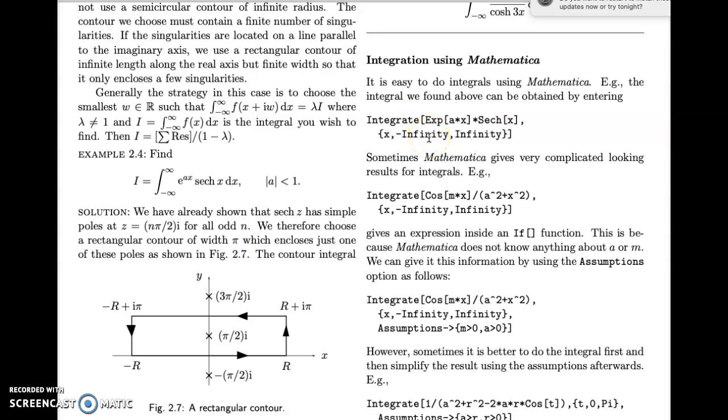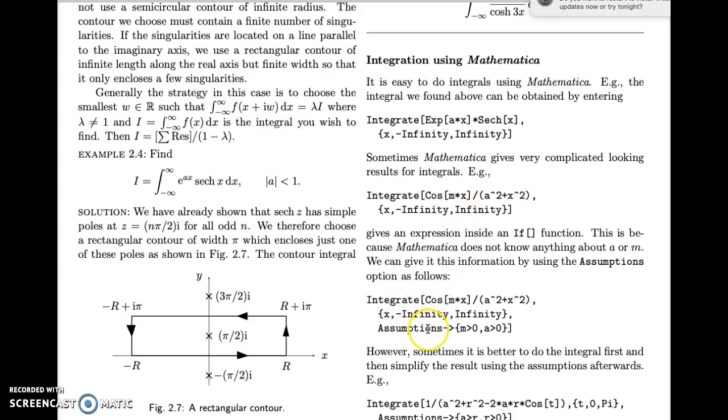So this is good for checking your answers. When you come on to doing an integral like this, Mathematica can get into trouble because it doesn't know anything about these quantities m. In principle, m could be complex and so on.